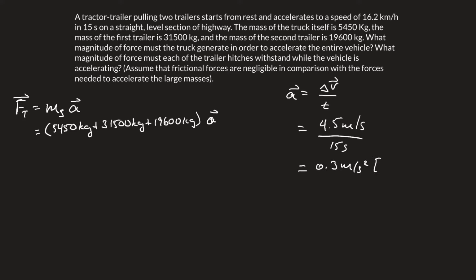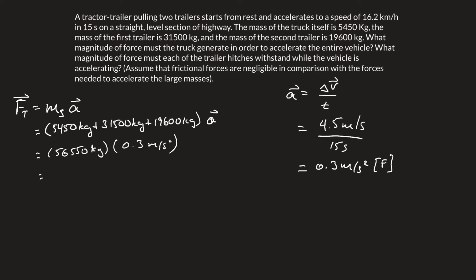That's the value that we're going to substitute in here for a. So we have our total mass, 56,550 kilograms, times the acceleration, 0.3 meters per second squared. Keep in mind that the direction is forward because our force here is a vector. So that's going to be 16,965 newtons forward.